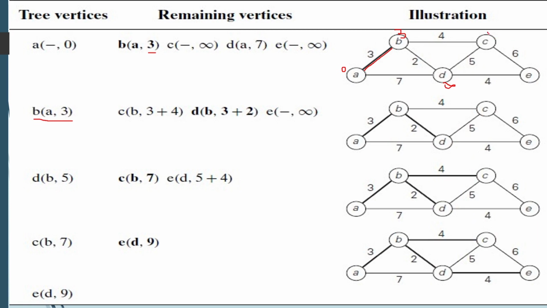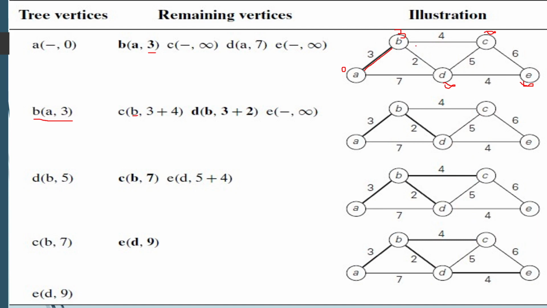From A to C there is no direct path, but you already visited one more vertex, that is B. From B to C you have a direct path, that is the adjacent. C is now adjacent to B here. So that's why that adjacent vertex is taken as B here.